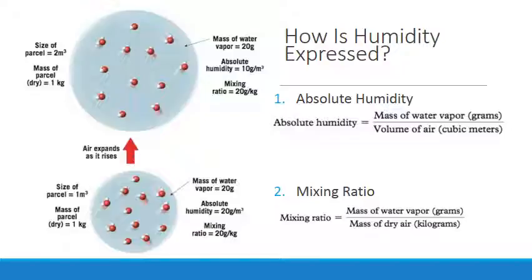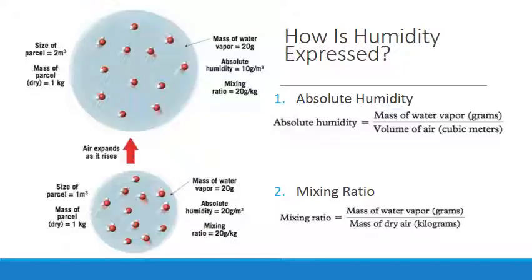How about the mixing ratio? Is it different? No. No molecules have left the balloon, so we still have a mixing ratio of 20 grams per kilogram. So the absolute humidity will decrease as the parcel rises and the volume increases, but the mixing ratio remains constant.